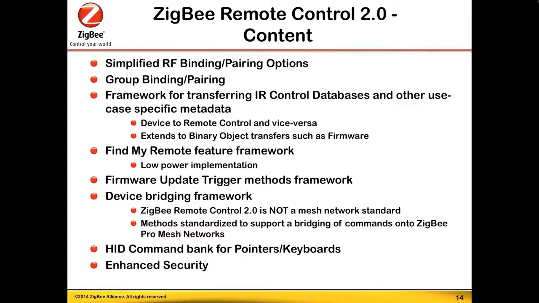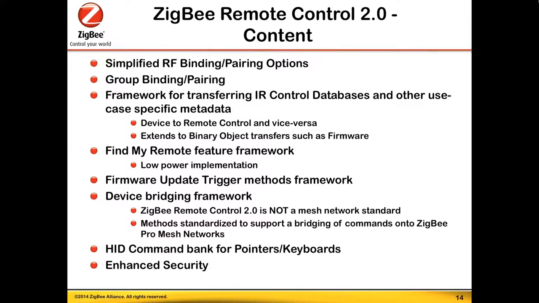So I do want to emphasize that ZRC 2.0 is not a mesh network standard. ZigBee PRO is a mesh network standard. What is included in ZRC 2.0 is the concept that a device within the home ZigBee network can act as a bridge and take information coming from a point-to-point communication on ZRC 2.0 and bridge that traffic onto the mesh network in a more easy and readily available format.